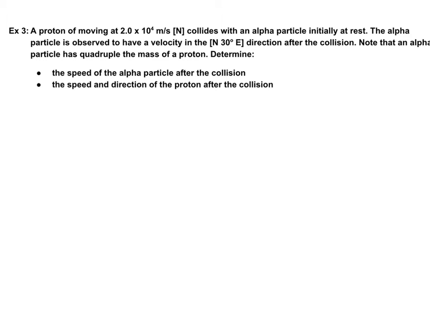So I'm gonna draw some before and after diagrams. This starts off with a proton, and I'm going to give it a mass of m, and it's going north, and the velocity is 2.0 times 10 to the 4.